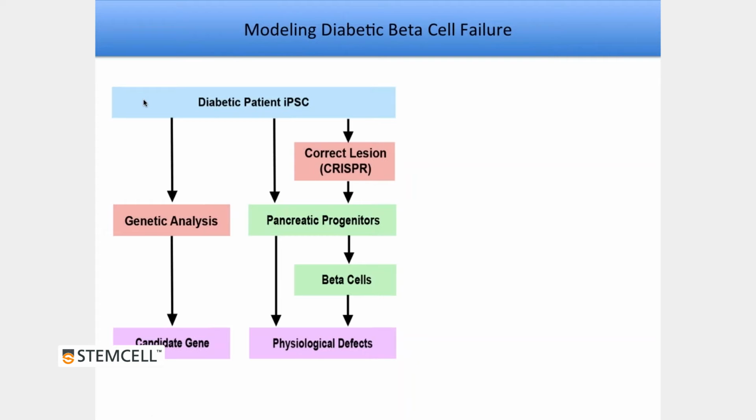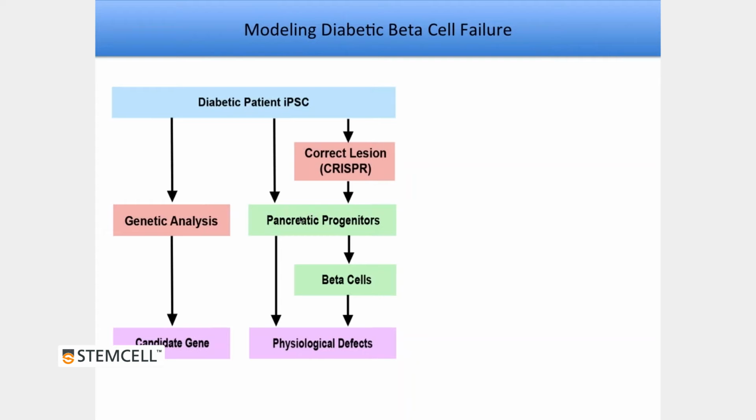So on the left here you can see a schematic outlining my project. So the first step is to identify these families. Then once I've identified them, I undertake a thorough genetic analysis in order to identify the pathogenic mutation and the target gene that it affects. So once I've done this, I want to know what's the effect of this mutation.